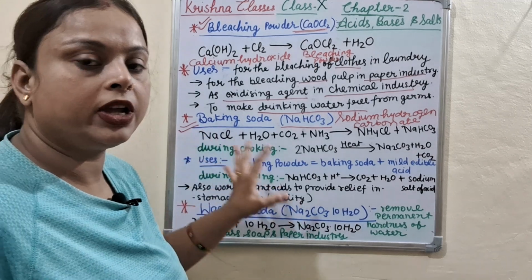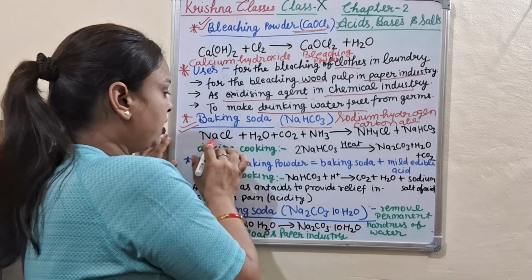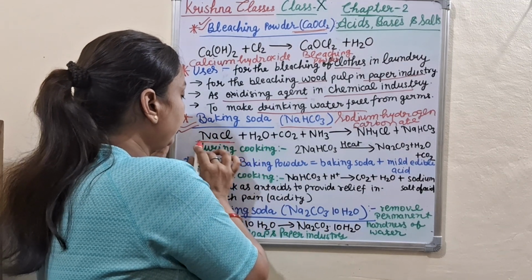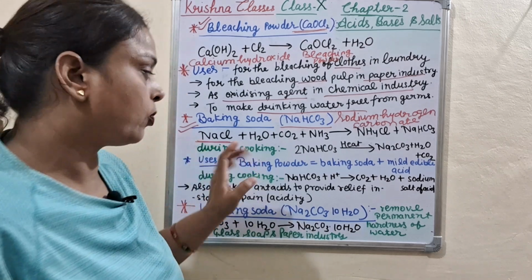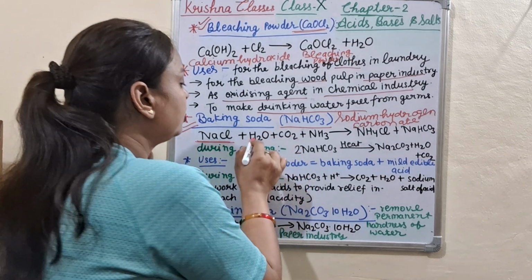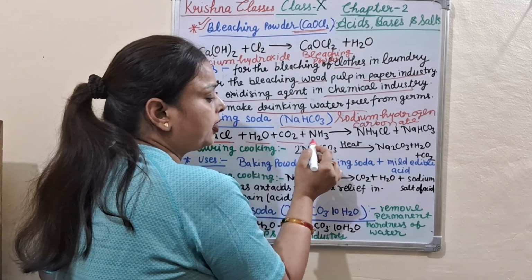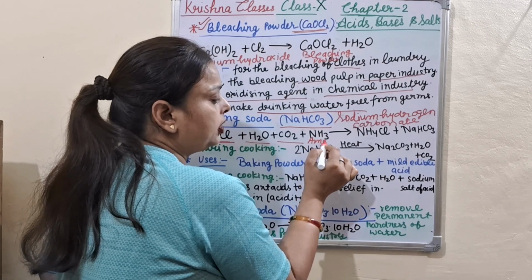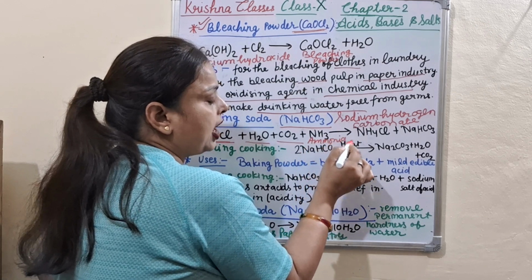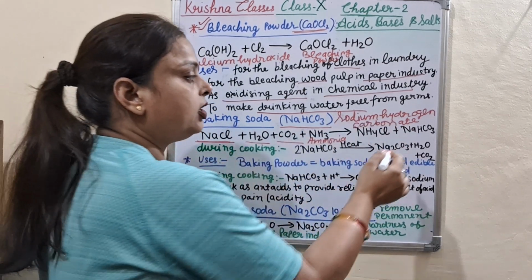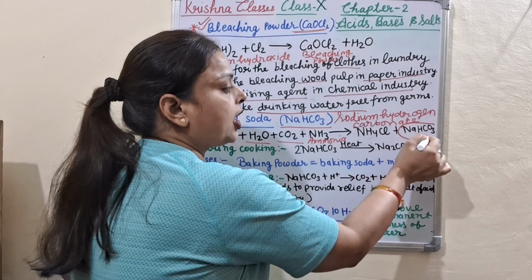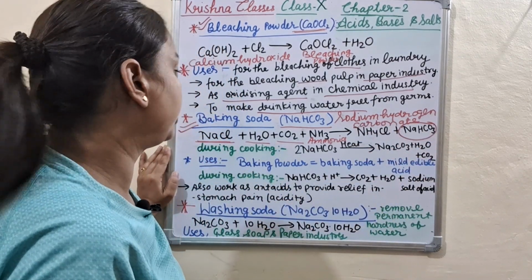How can we prepare baking soda? Let's see. NaCl, you know very well, common salt, sodium chloride, reacts with water, carbon dioxide and ammonia, and forms NaHCO3, sodium hydrogen carbonate or sodium bicarbonate.